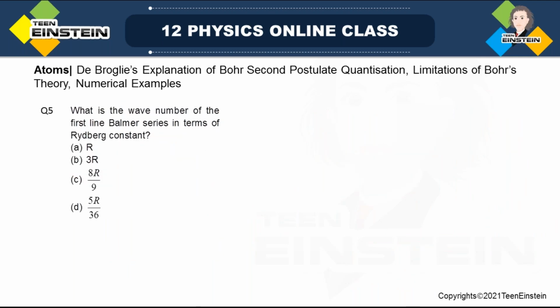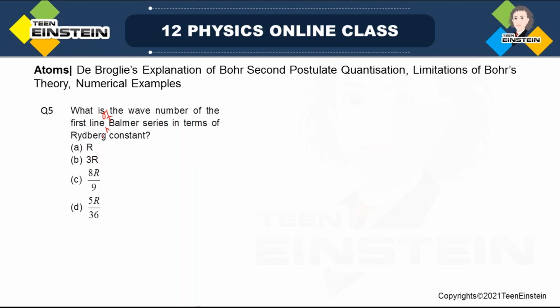Now I have got another two numerical problems, then I'll stop the class after solving those two. So what is the wave number of the first line of Balmer series in terms of Rydberg constant?